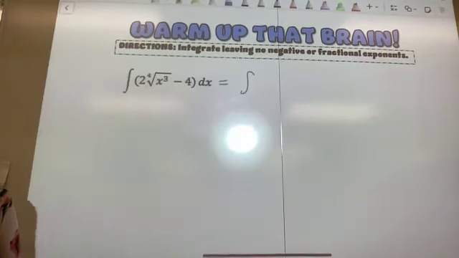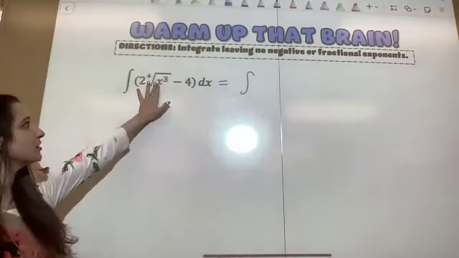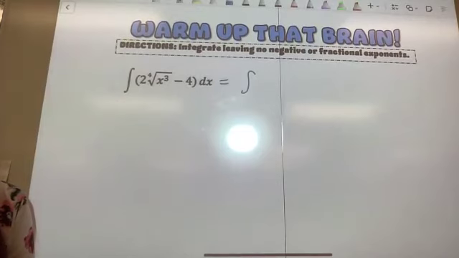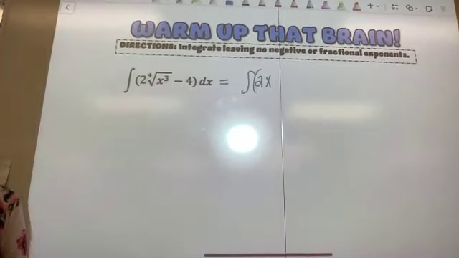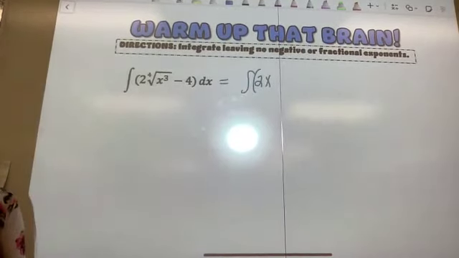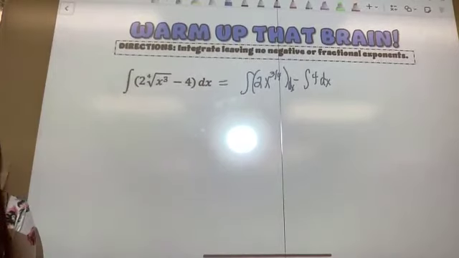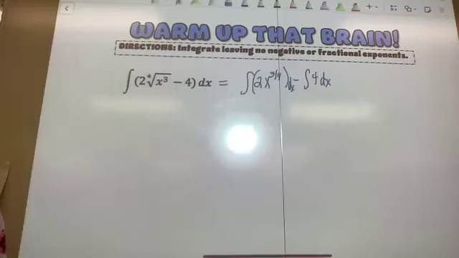But when you see integrals with radicals, we rewrite. So this is 2x to what power? 4/3 or 3/4? 3/4, yep. And then minus the integral of 4 dx. You can split up an integral over subtraction or addition, but not over multiplication or division.